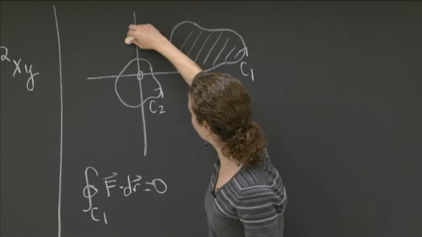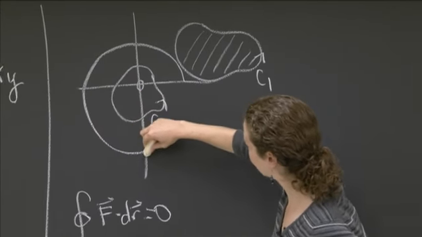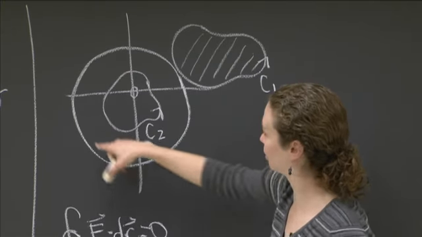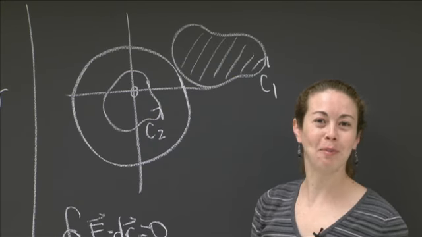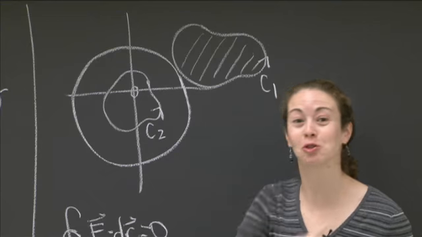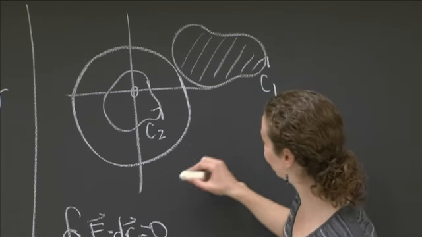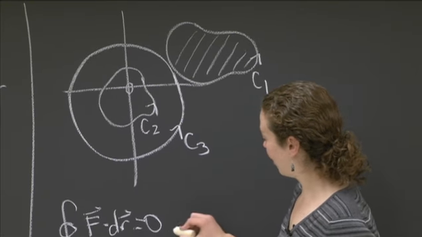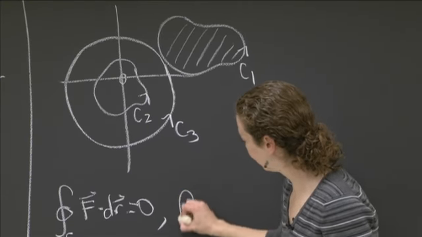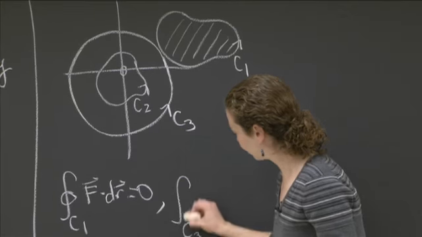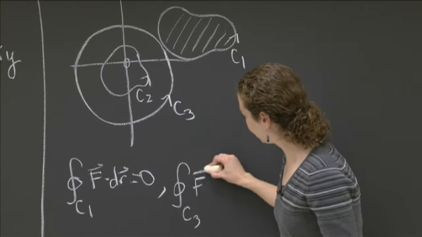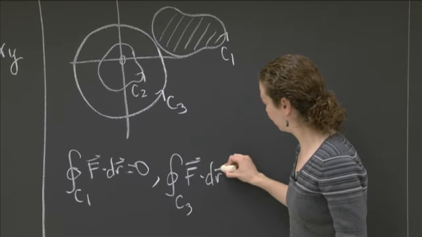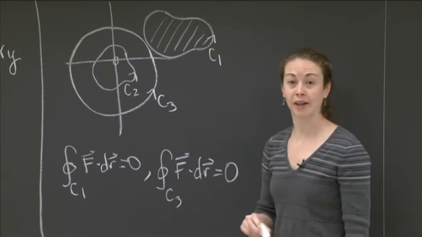Hopefully this is supposed to look like a circle; sorry about that, it's a little big on the low side. But it's a circle, and I'm going to call this C3. Now, I can tell you right away that the integral over the curve C3 of f dot dr is equal to 0. And let me explain why.